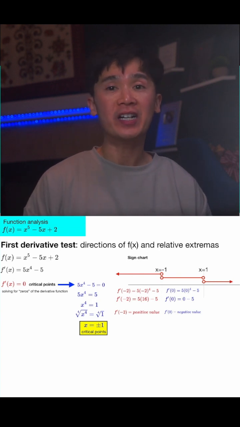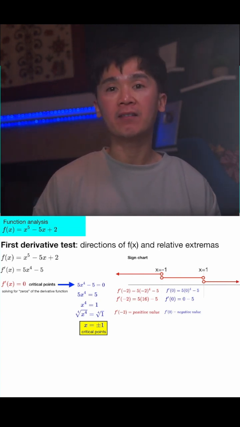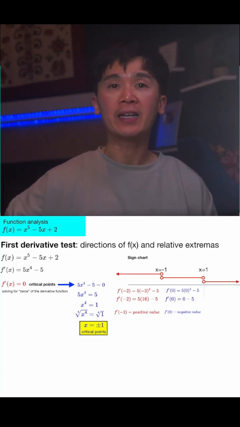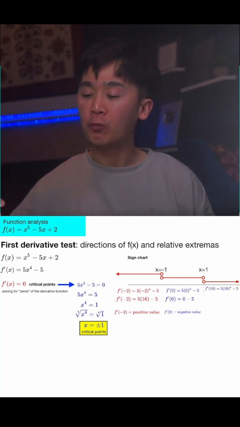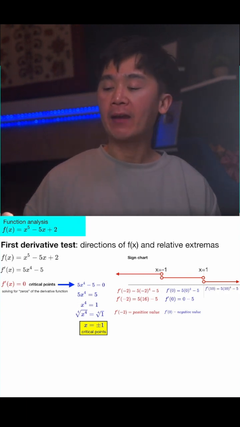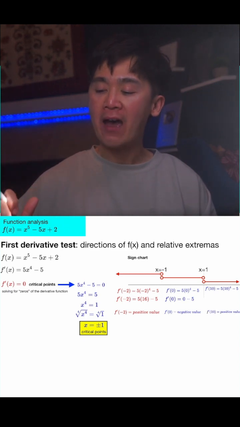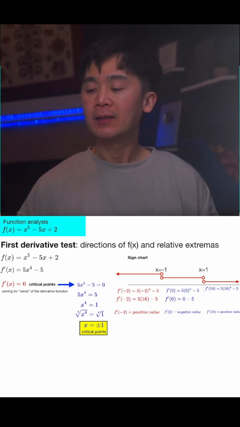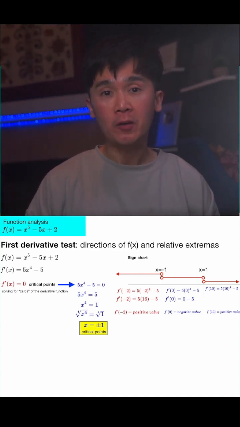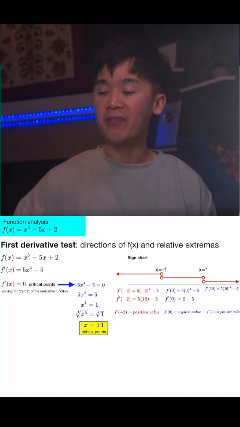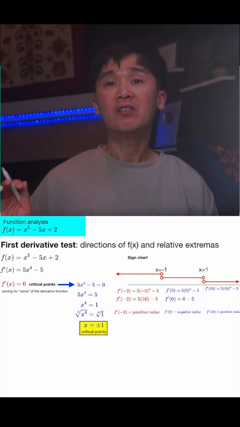For the third interval, anything greater than positive 1, I went with 10. Plugging in 10, we'll have f prime of 10, which is a positive number.